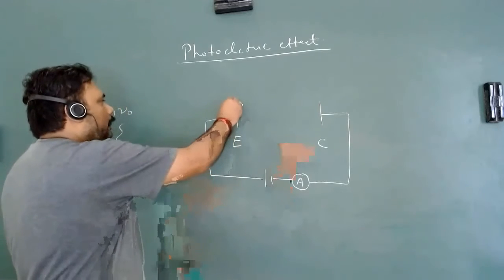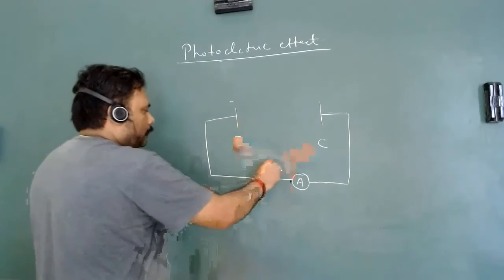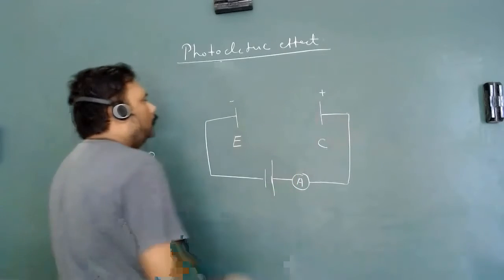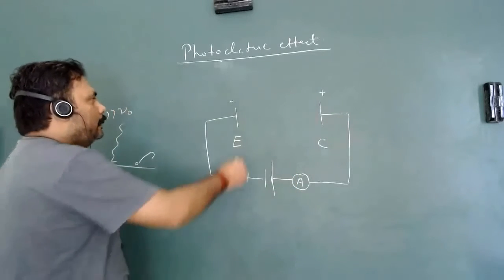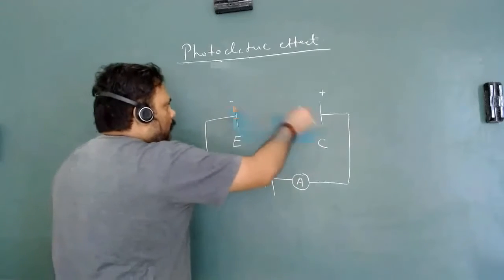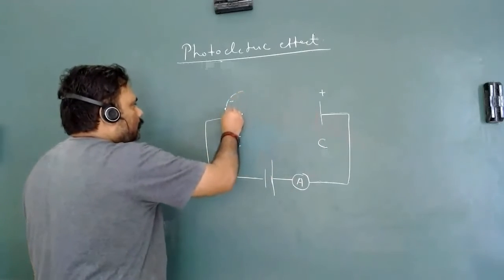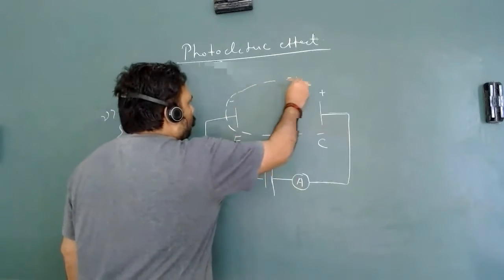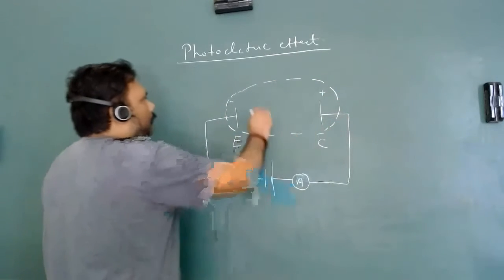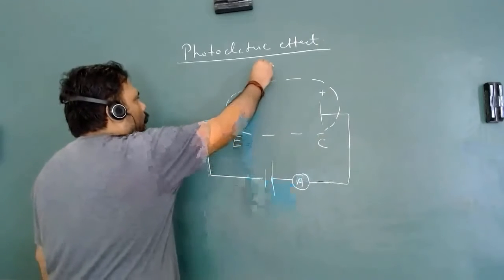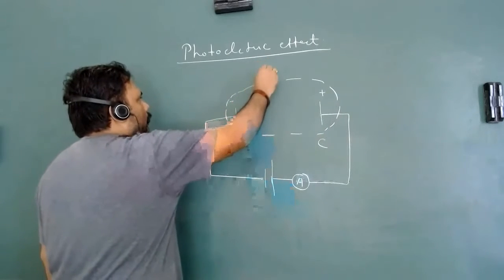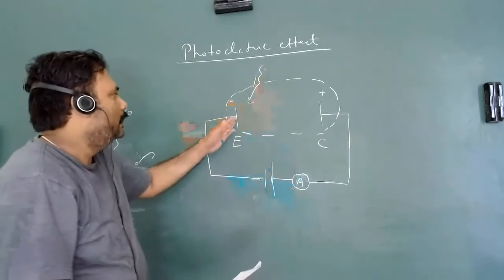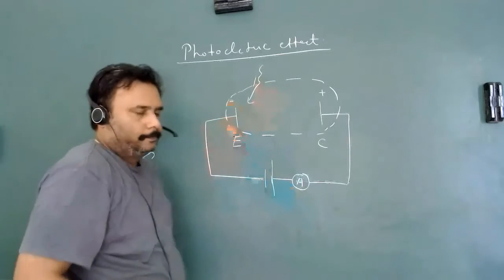Initially we will take the emitter with negative polarity and the collector with positive polarity, and we keep all of this in a vacuum chamber. And we impose some light on this emitter plate.